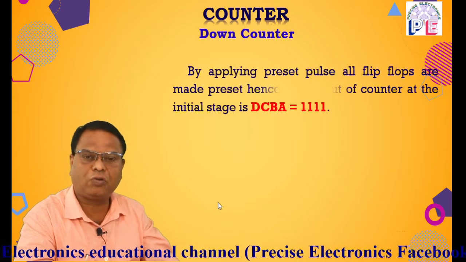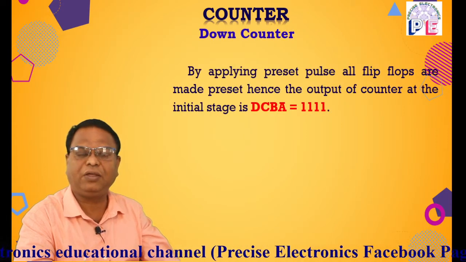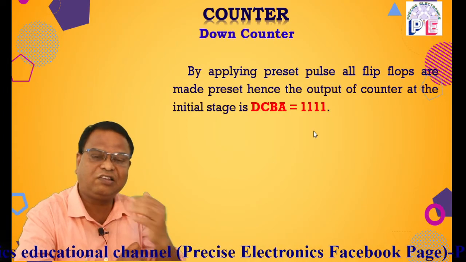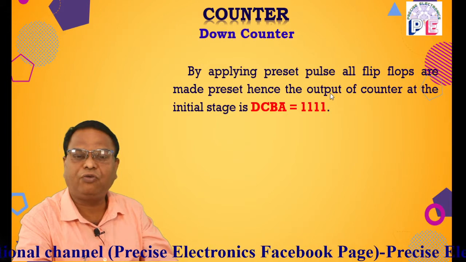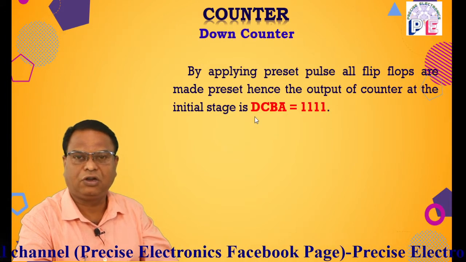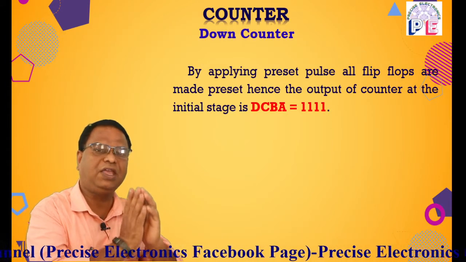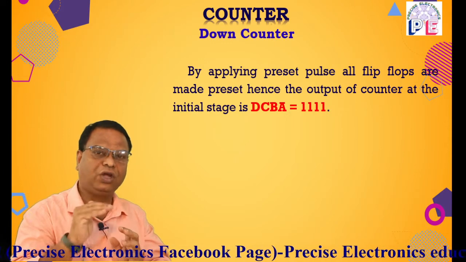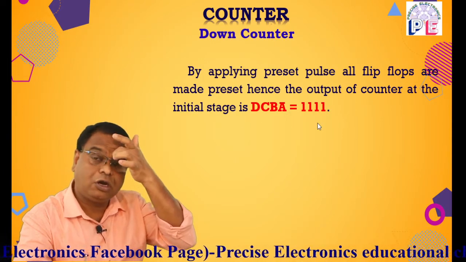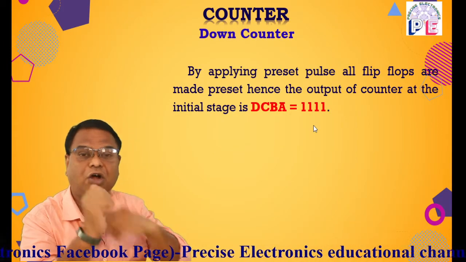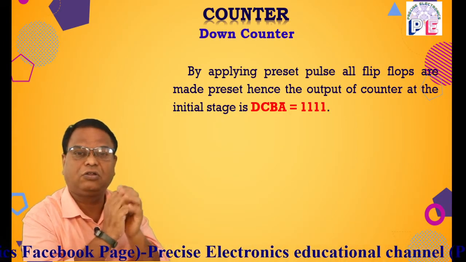So the output of the counter before applying any pulse, that is the initial stage, is DCBA equal to 1111. That is the initial stage. Now how does this counter count the clock pulses?